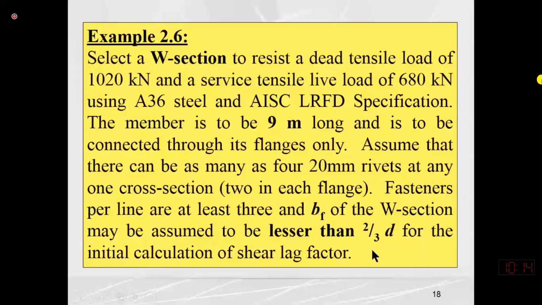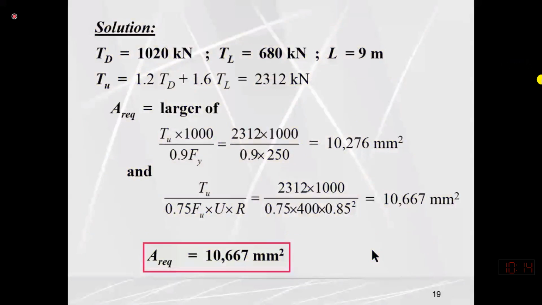So I want you to open page number 98. If you have the LRFD manual, please open page number 98. On that page you are provided with a table for the shear lag factor.